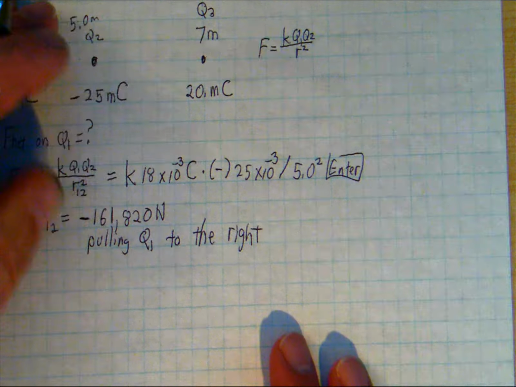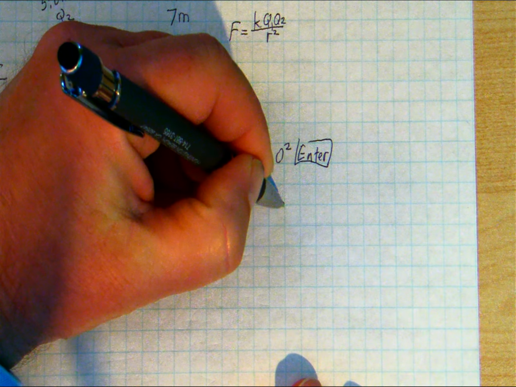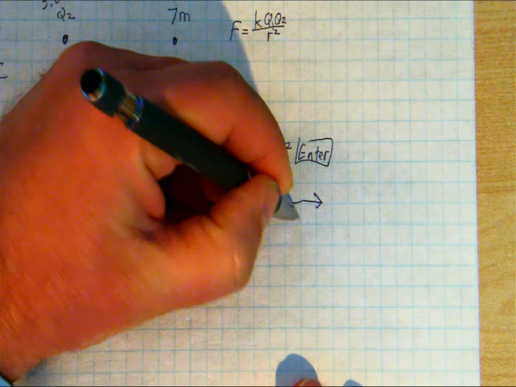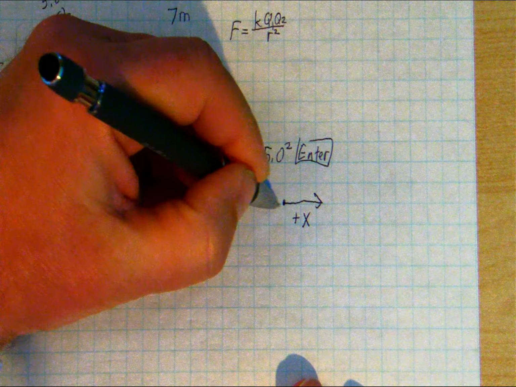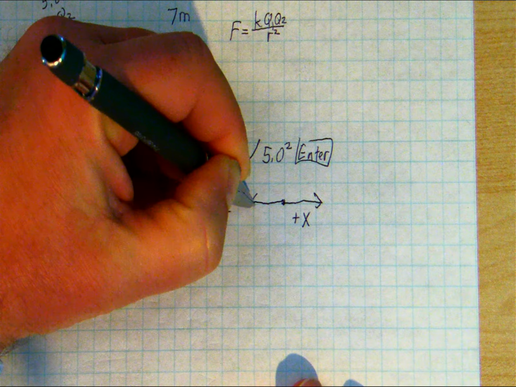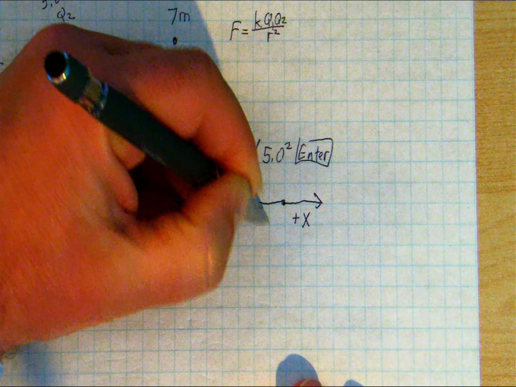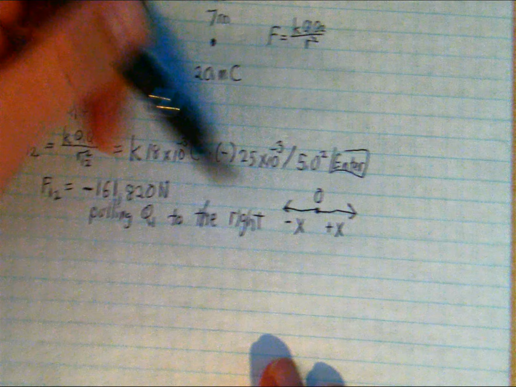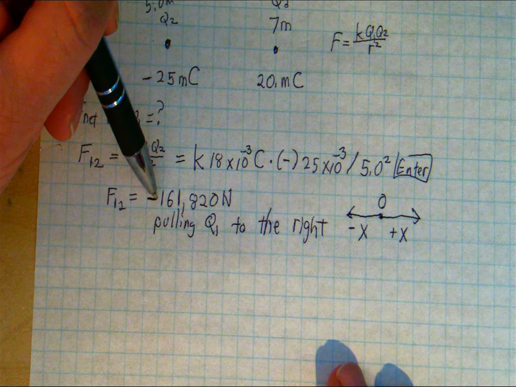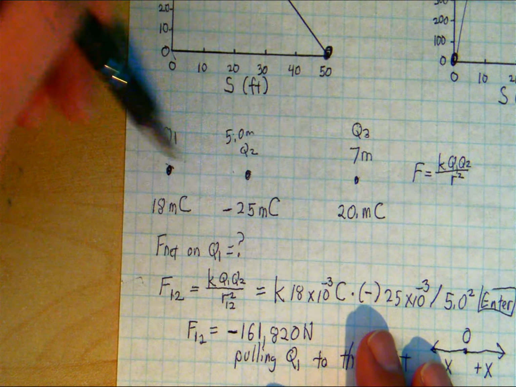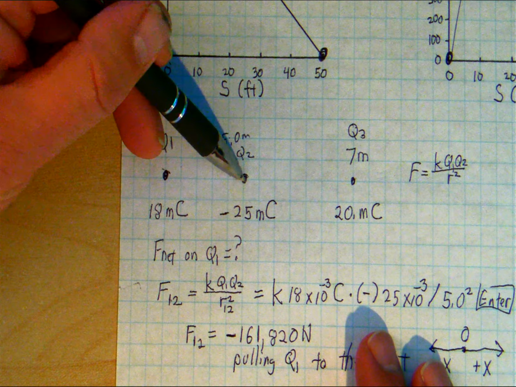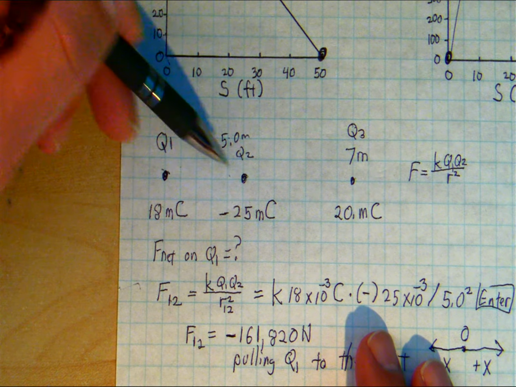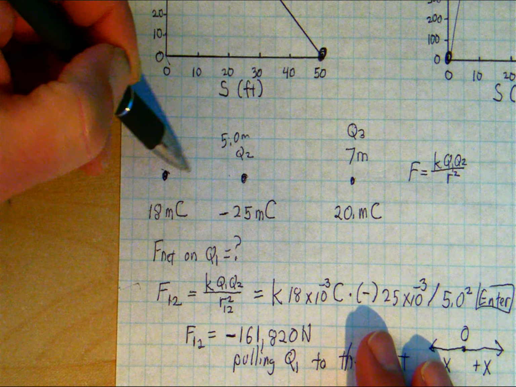Now ponder things for a moment, kids. Normally, when we set up an x-axis on a sheet of graph paper, the positive x-axis is to the right, and of course, the negative x-axis is to the left of 0. In this problem, we get a negative force, but based on the geometry, that means it's pulling to the right, of course. Attraction means it's going towards Q2.